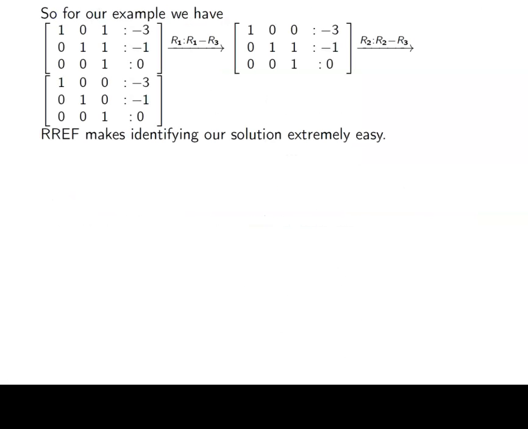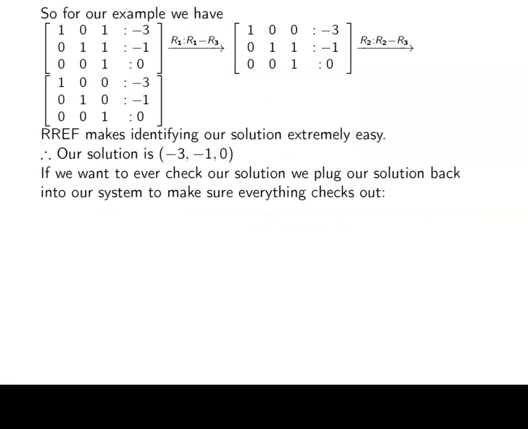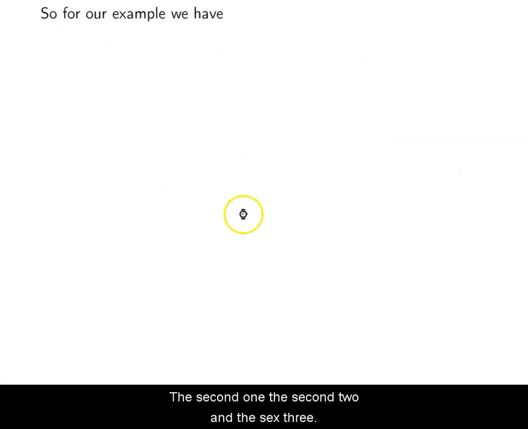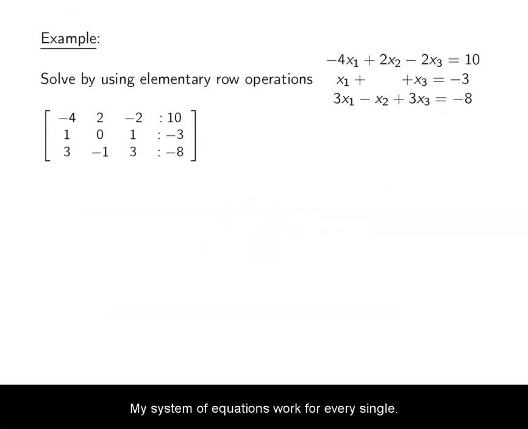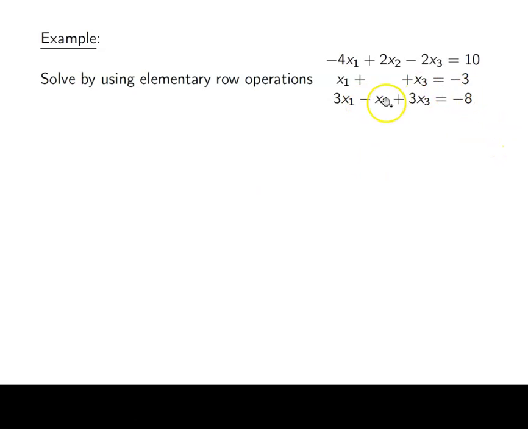All right, so in our example, let's say that we want to check our answer. Okay, how do we check our answer? Just like you would for anything else, right? This x1, this x2, and this x3 has to make my system of equations work for every single equation.